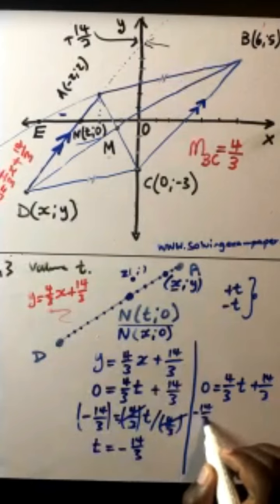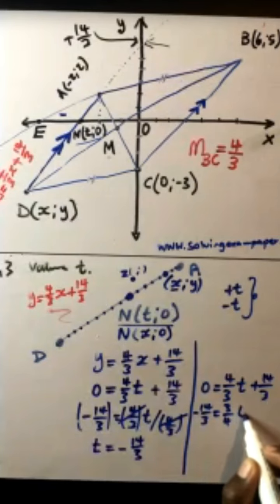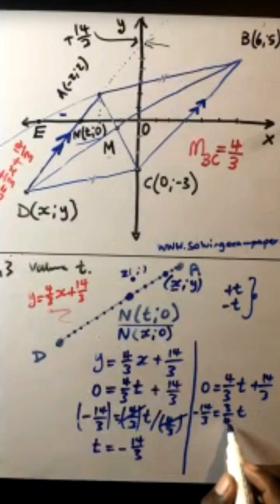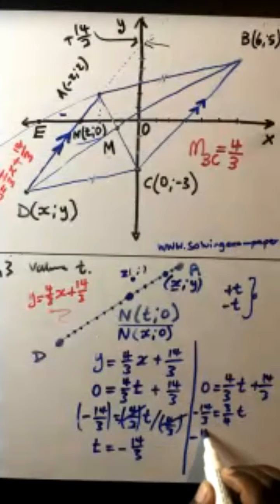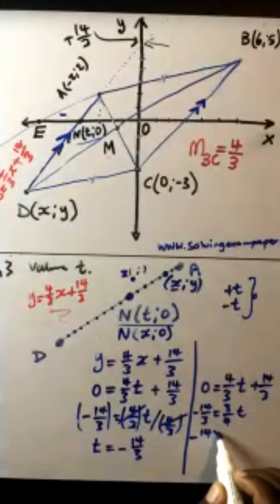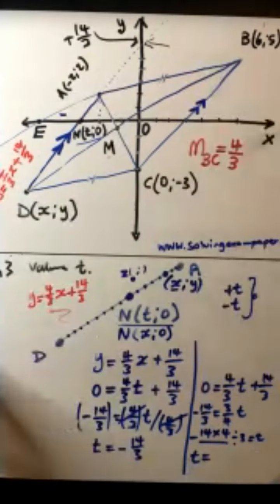We transpose, then we've got negative 14 over 3 equated to 3 over 4 t. Then, if you multiply by that, you've got negative 14 multiplied by 4 at the bottom, then you divide by 3. This should be equals to t.